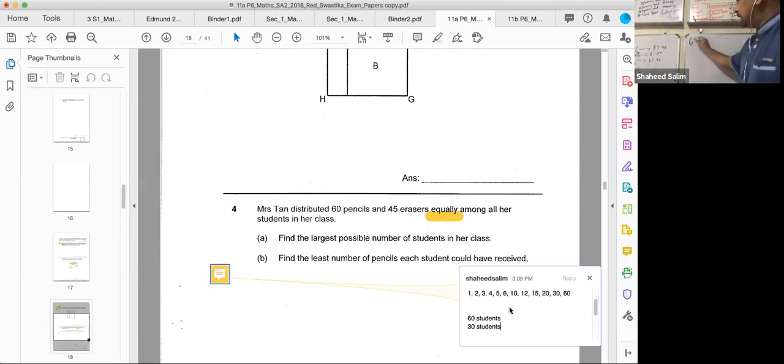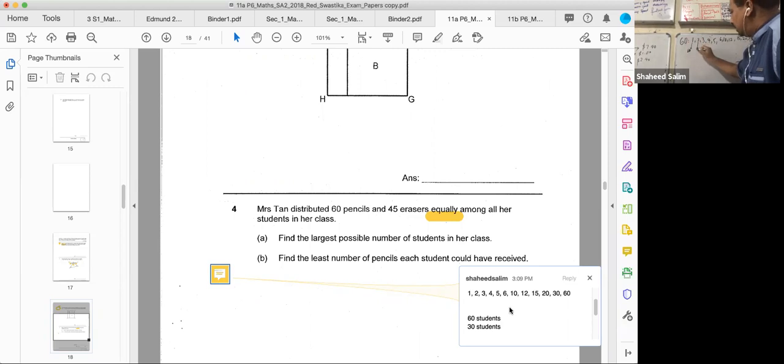For 60, the factors are 1, 2, 3, 4, 5, 6, 10, 12, 15, 20, 30, and 60. If I give one student one pencil, that means I divide by 1 and get 60 students. But it's out because you only have 45 erasers. You can't give 45 erasers to 60 students, some students won't get any.